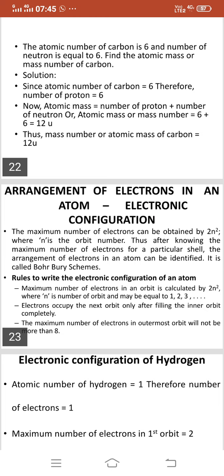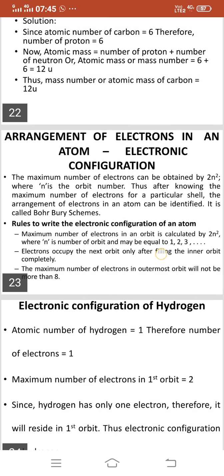Thus, after knowing the maximum number of electrons for a particular shell, the arrangement of electrons in an atom can be identified. It is called the Bohr-Bury scheme.